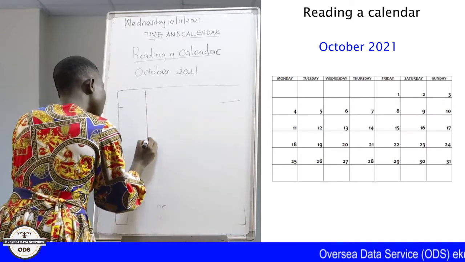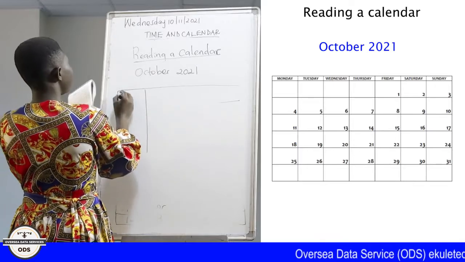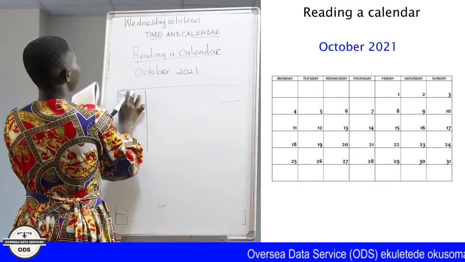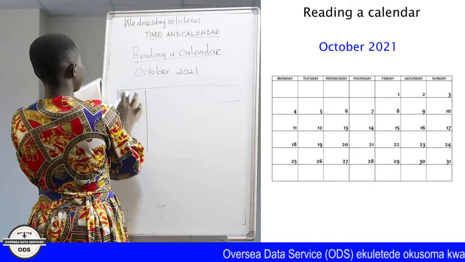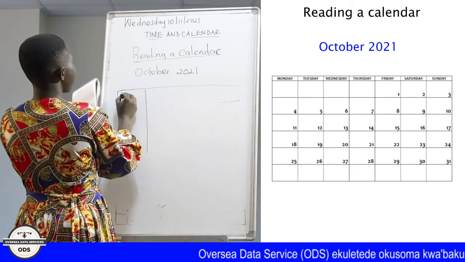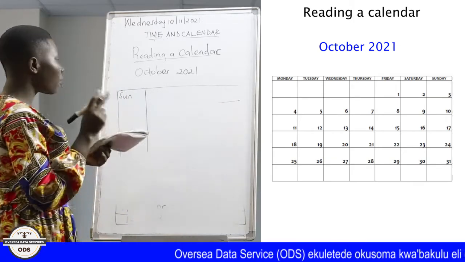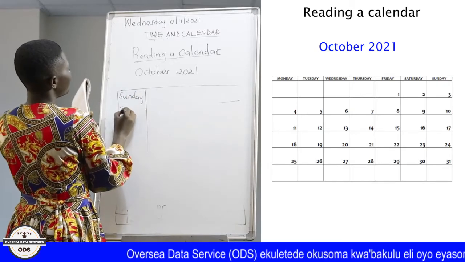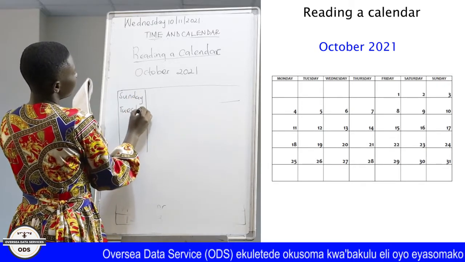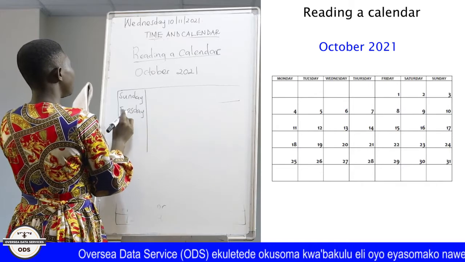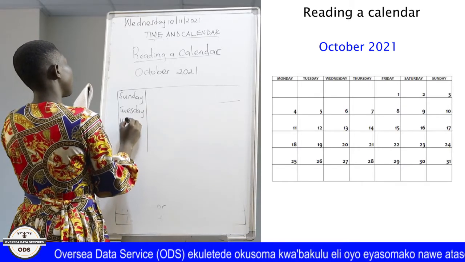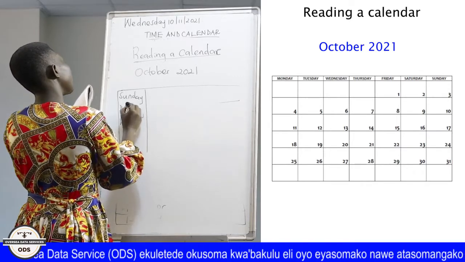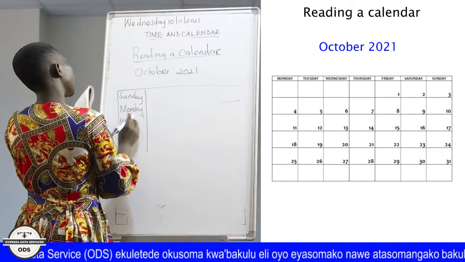Okay, here our first column has days of the week. Days of the week, and we have Sunday. Sunday is our first day of the week. Then we have Monday, the second day of the week.